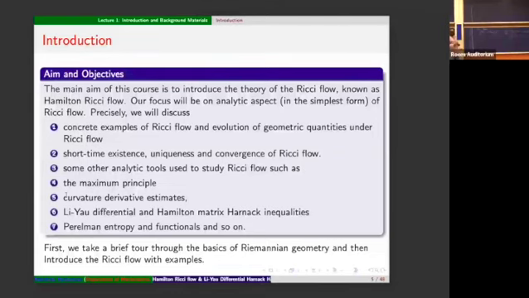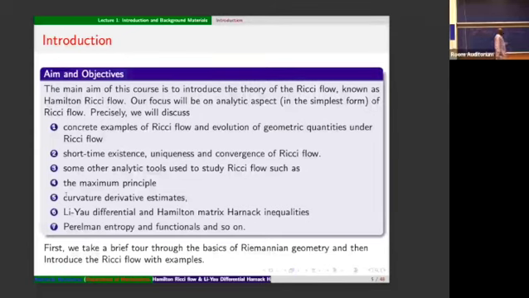Precisely, we're going to discuss concrete examples of Ricci flow, and the evolution of geometric quantities under Ricci flow. When the metric is flowing, other geometric quantities around the metric also flow. So we are going to see the way each of them evolves, like curvature, volume, and some other things. Anyway, let me keep those terms because we have not introduced them.